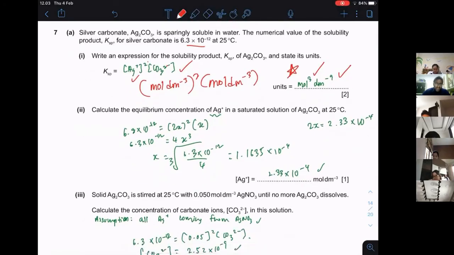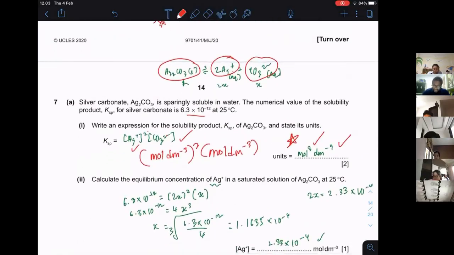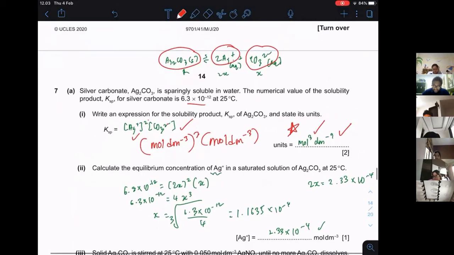When I move on, you can see that the question says calculate the equilibrium concentration of Ag+ in saturated solution. So I want to find the equilibrium concentration. If you look at the equation, for example, let's say we use the solubility as x.